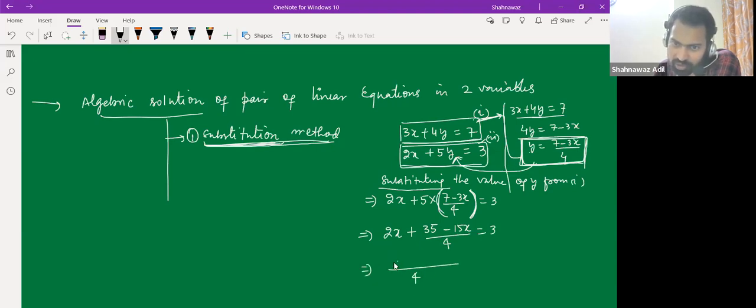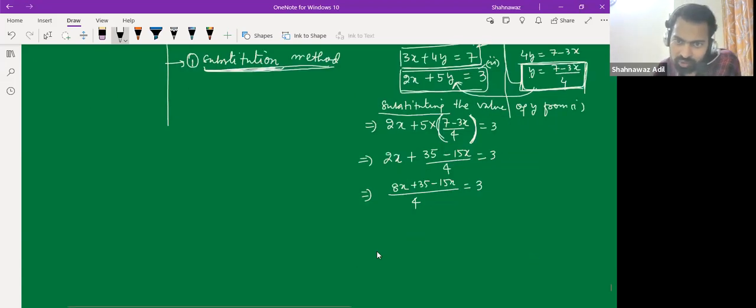So this is 8x plus 35 minus 15x equals 3. So this is 8x minus 15x, so minus 7x plus 35. And this 4 goes over here, so this is 12. So we have minus 7x. Wait, one second. How did you get 8x?